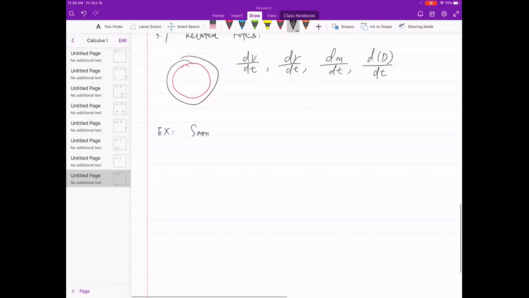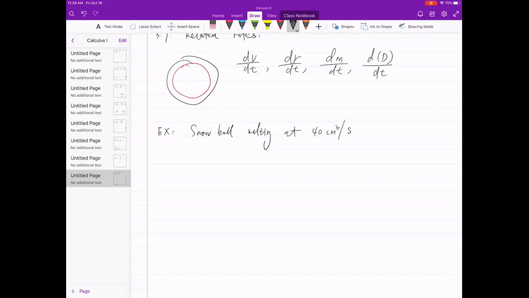Now let's look at an example for a particular case. Let's say we have a snowball melting at, let me make sure I get the right number. It's melting at 40 cubic centimeters per second.